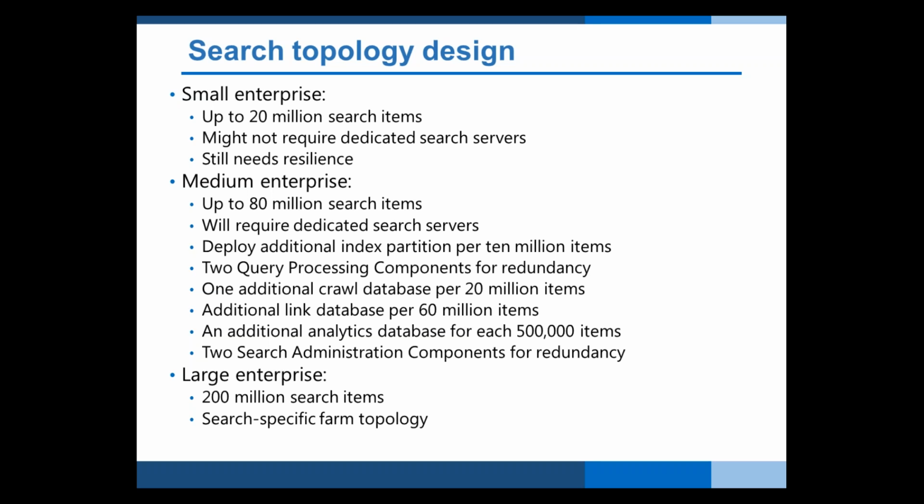Additional crawl databases, link databases, or analytics databases. They do recommend another crawl database for every 20 million items, another link database for 60 million items, and another analytics database for 500,000 items. For administrative purposes, redundancy there. Query processing, redundancy there. And then multiple servers as we get larger to maintain that index.